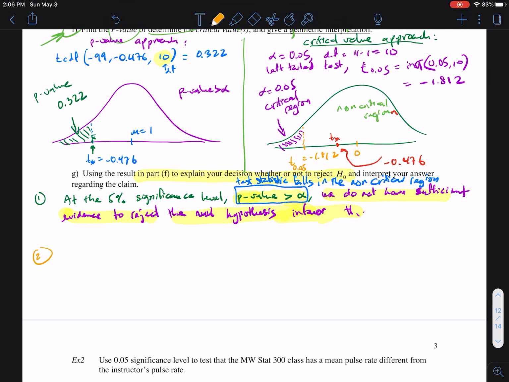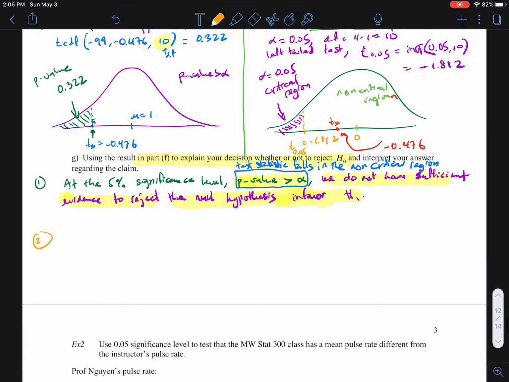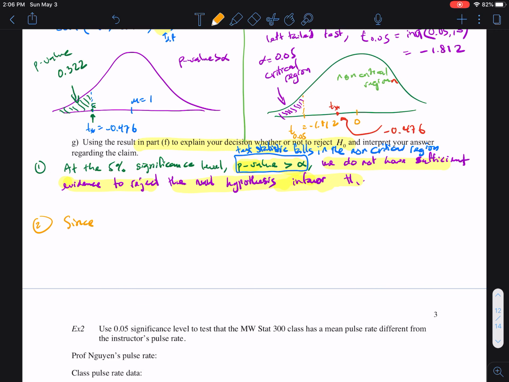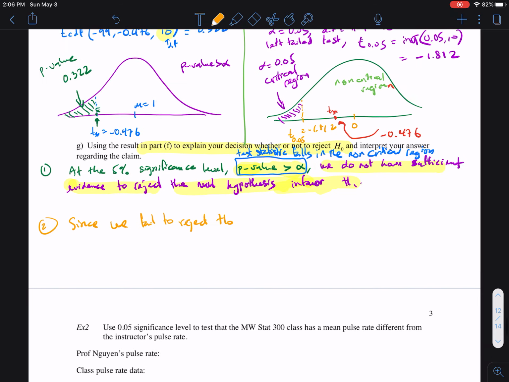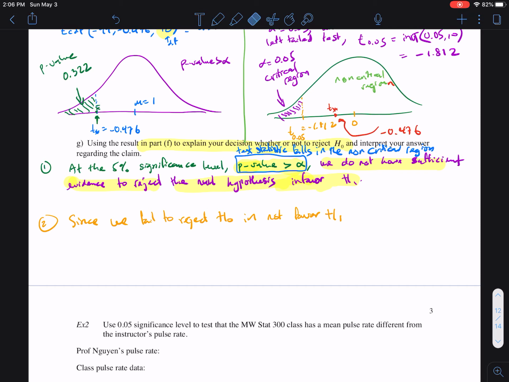The second sentence, what we're going to do is address the original claim. So we're going to say, since we fail to reject the null hypothesis based on our evidence, we fail to reject the null in favor of the alternative.